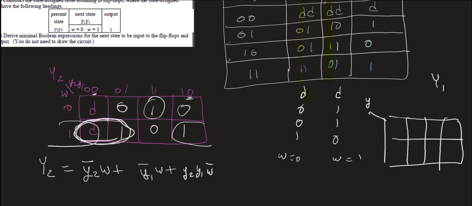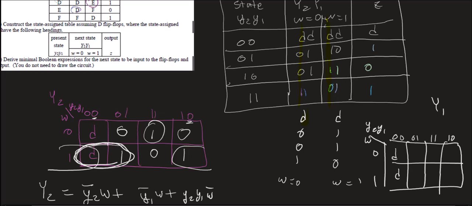So we have y2, y1, and w, 0, 1, 0, 0, 0, 1, 1, 1, 1, 0. And again, we have don't cares for the 0, 0. And then y1 is the first column. And I see when w equals 0, they're all 1s.